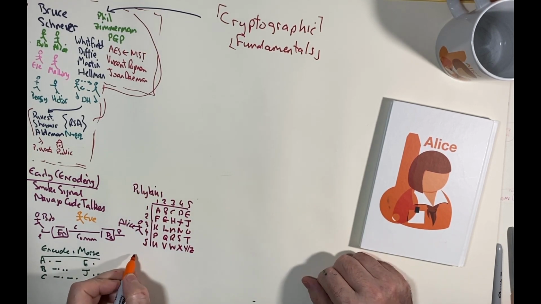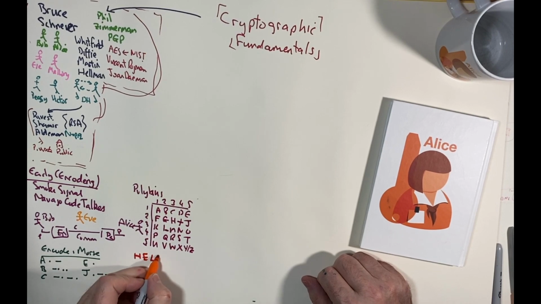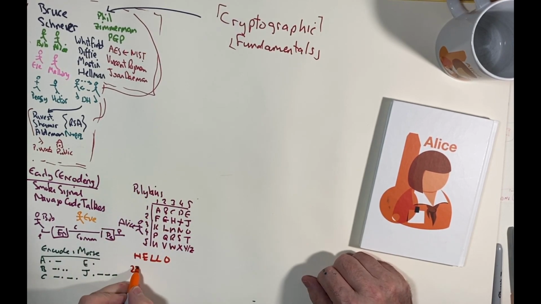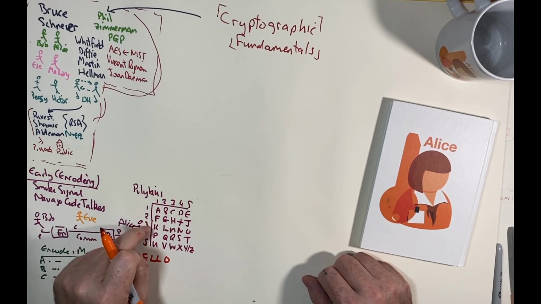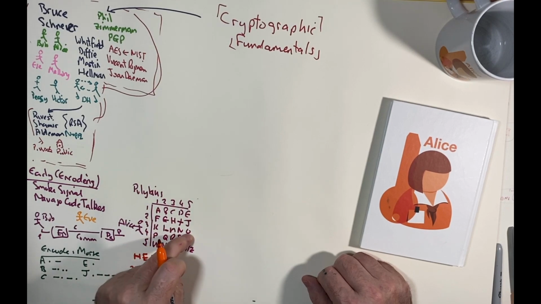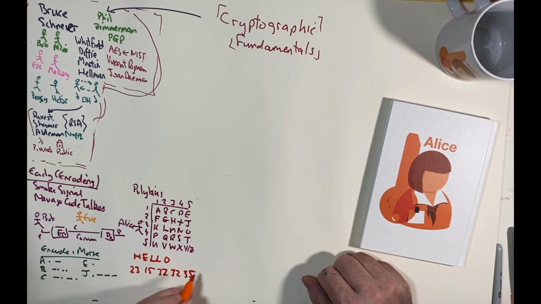So to take the word hello, fairly simple. We look up H and it's 2, 3. E becomes 1, 5. L is 3, 2. 3, 2. And then O becomes 3, 5.